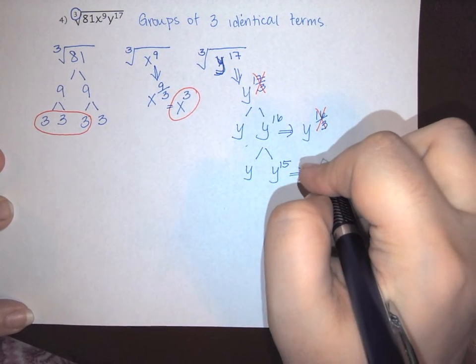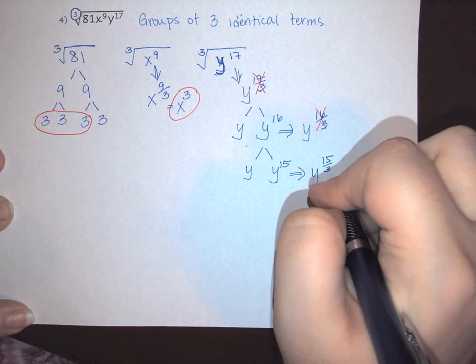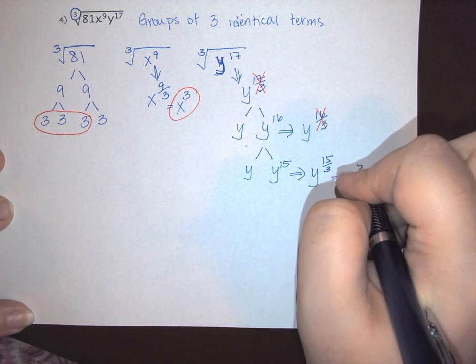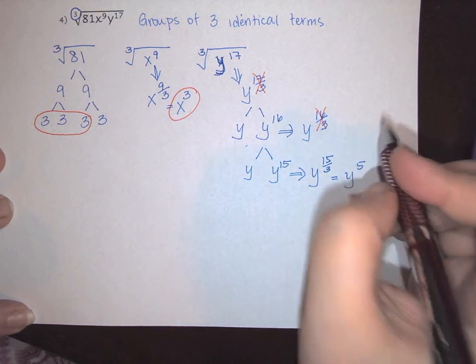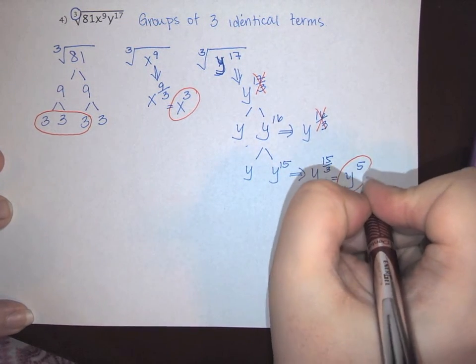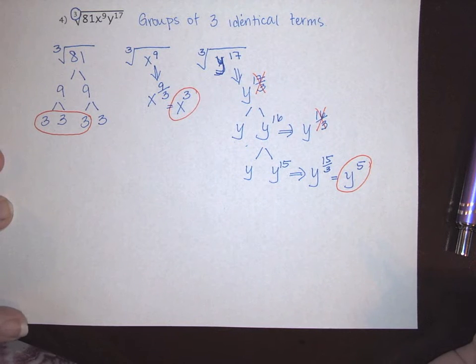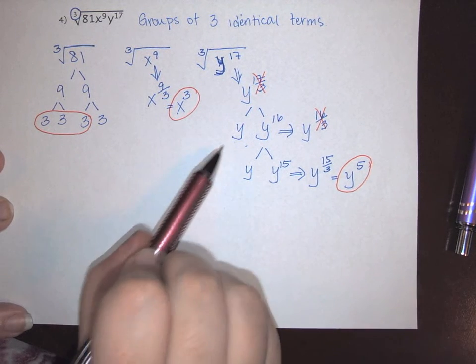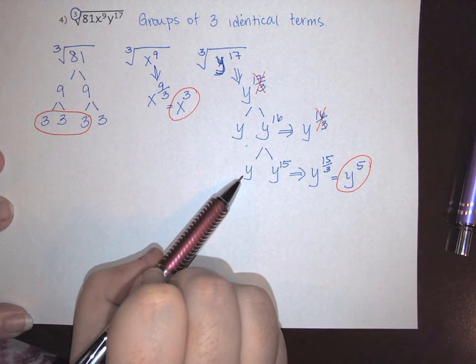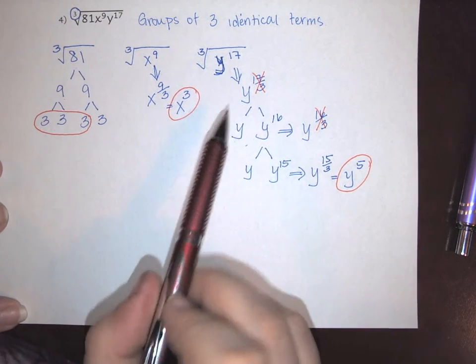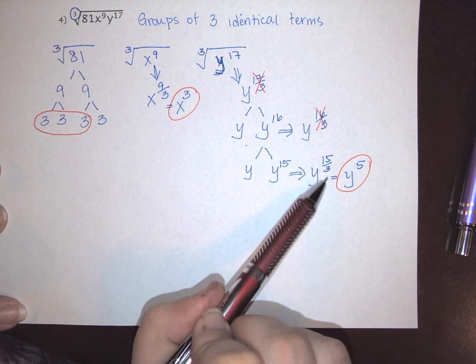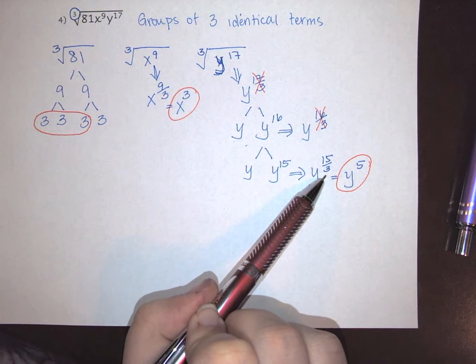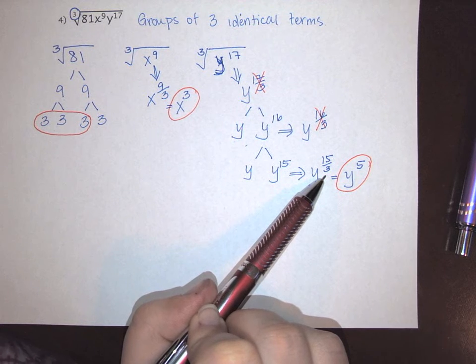So this becomes y to the 15 over 3, which we know breaks to being y to the 5th. And here we can see that my y to the 5th is what's going to pull out. What's going to be left behind are these two y's right here. Okay, so when you're working with variables, you need to make sure that you continue to break it down until you come up with a fraction that completely divides out perfectly.